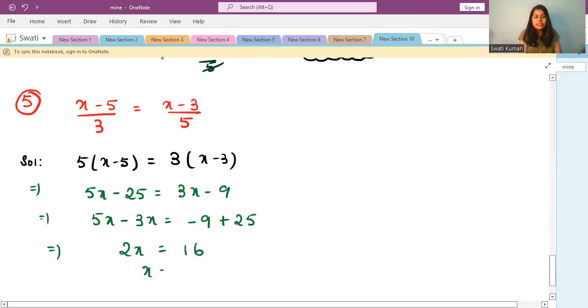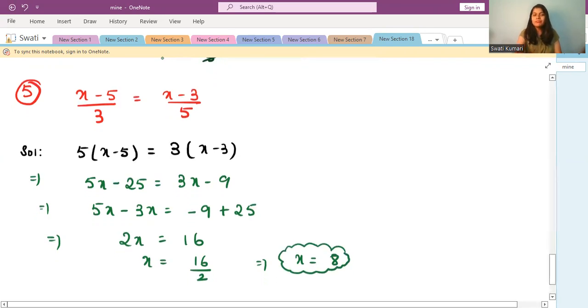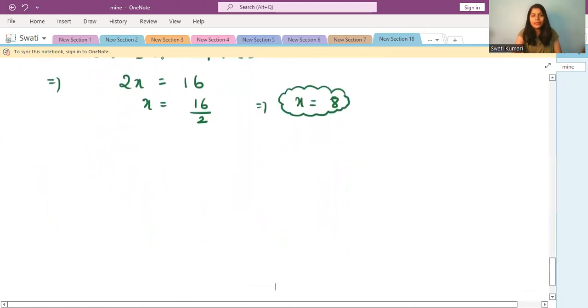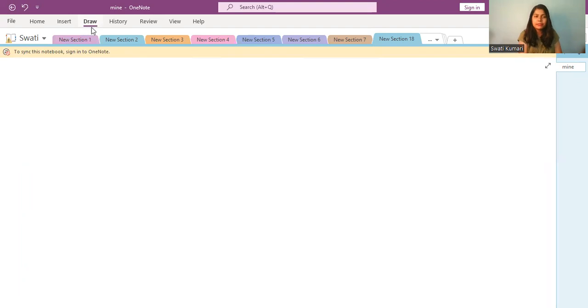So therefore, x will become 16 upon 2. That means x equals 8. And that is our answer of the 5th question. Very quick. We did this question very quickly because we were already aware of our cross multiplication method.